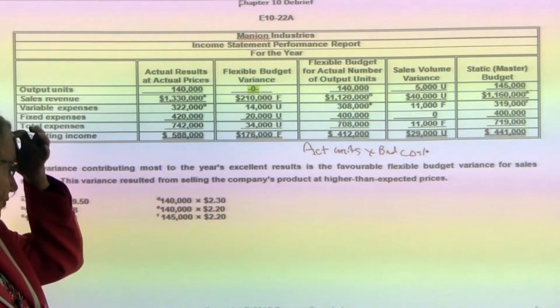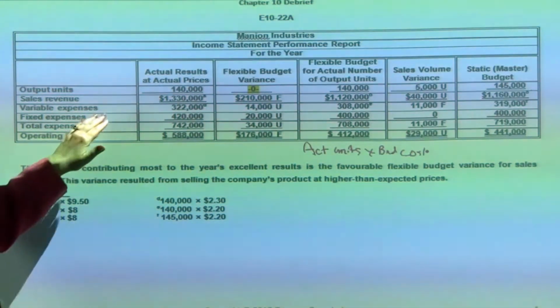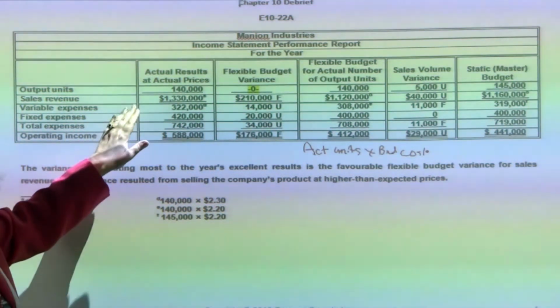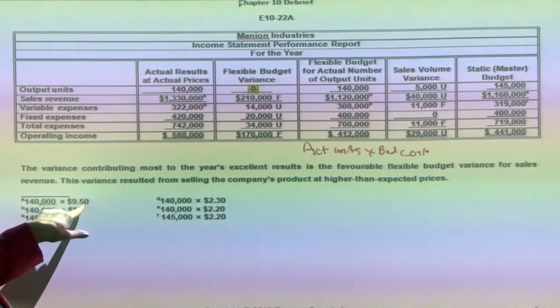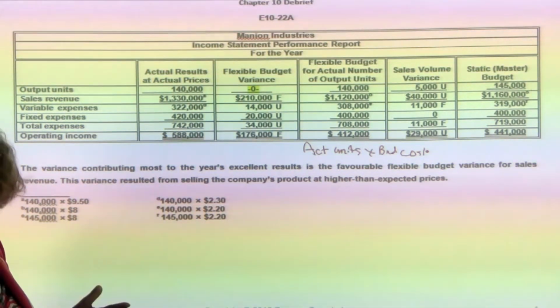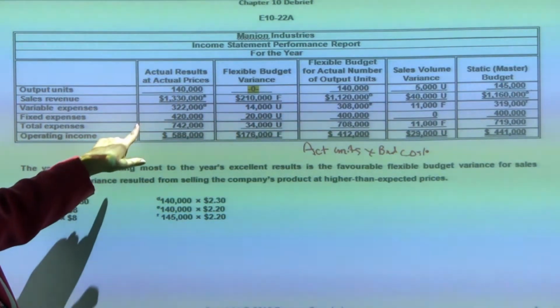So we'll start off first with our actual figures. Our revenue is based on 140,000 units sold, and you actually sold them for $9.50 per unit rather than what you had thought you'd sell them for, which is $8. So that's where the 1330 is coming from.